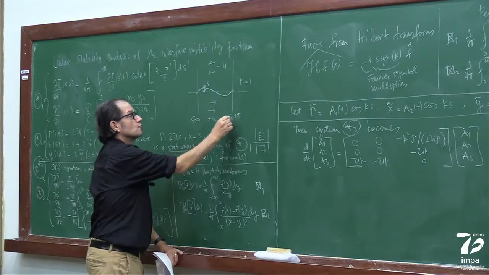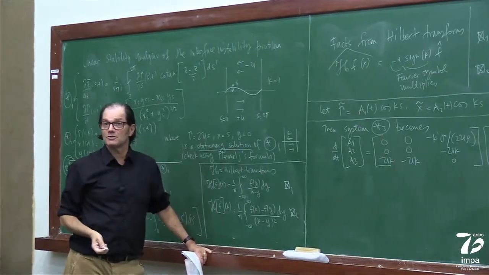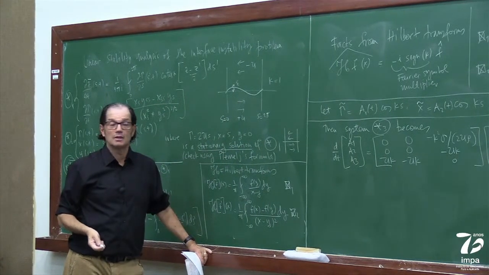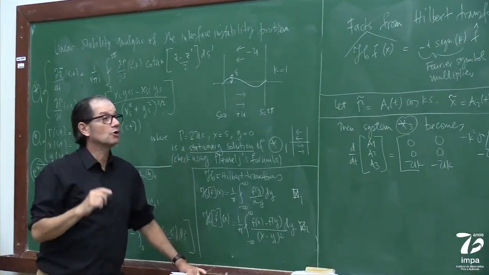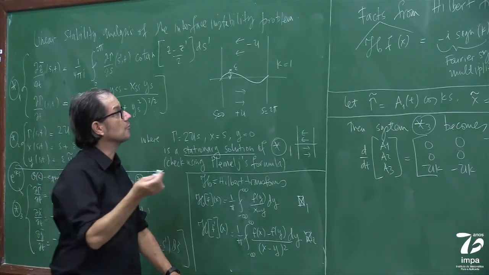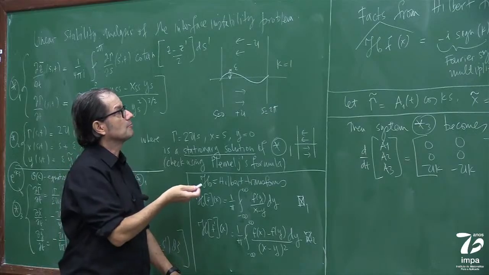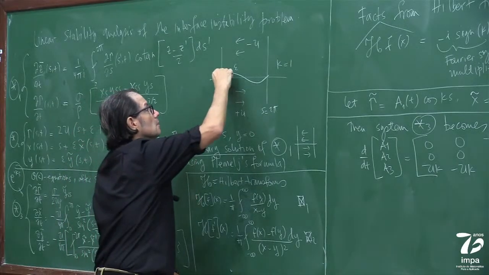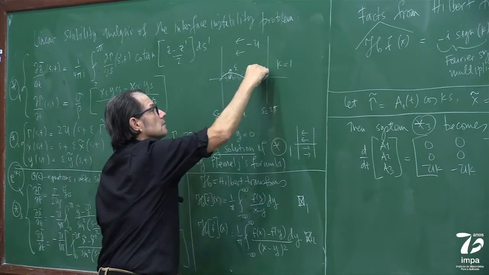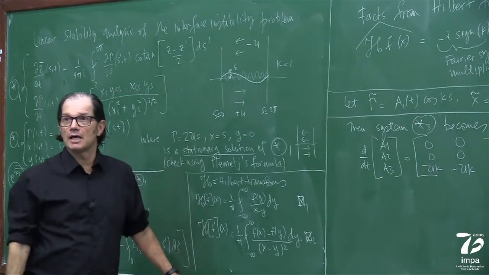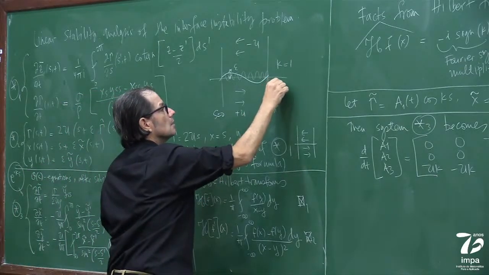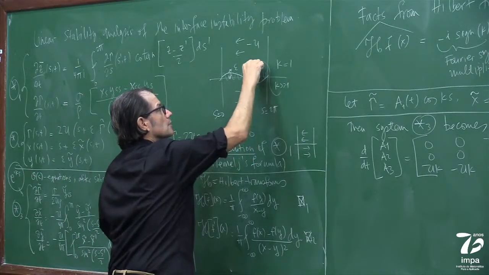Because this is from 0 to 2 pi. So lambda is 2 pi, so K is equal to 1. But I could have made a perturbation here like this, which is K much greater than 1, this one, right?